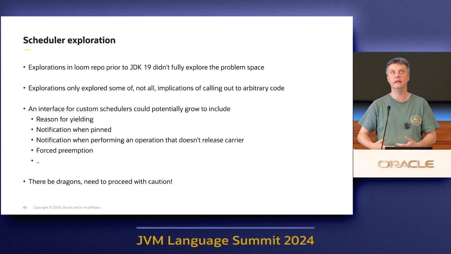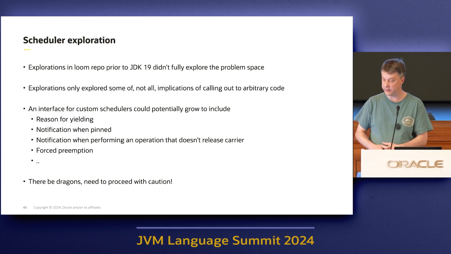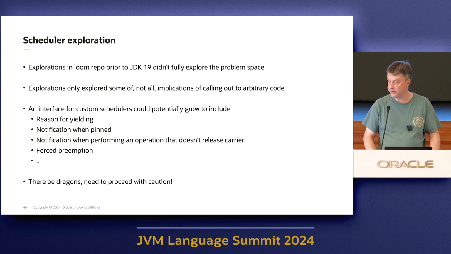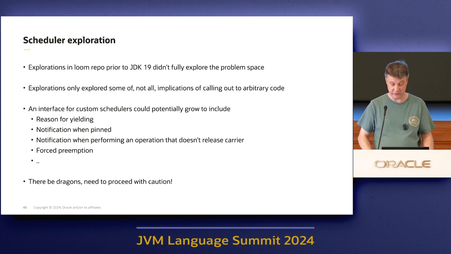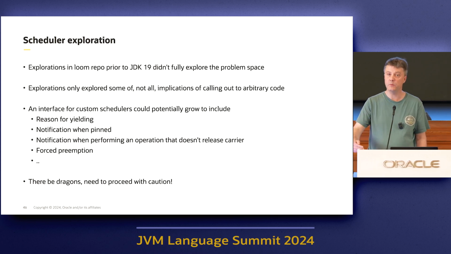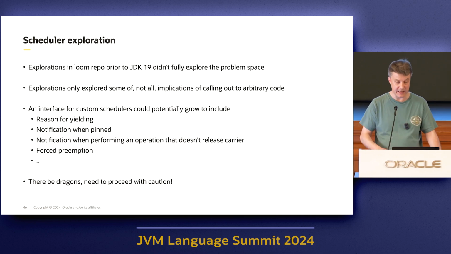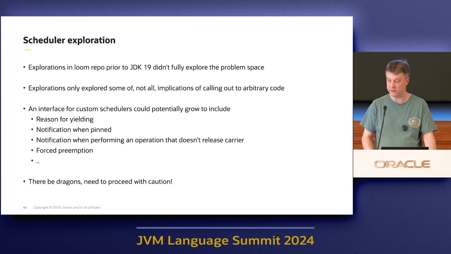It's too easy to deadlock. There are too many other issues that can come from that. So we have to be somewhat cautious around this kind of thing. The API that we had on an experimental basis was a very simple API that allowed schedulers to attach context and so on. There's a whole bunch of other things that we knew would be needed in a full API for schedulers, and we haven't done any of that yet. So a lot more thinking needs to be done before we go anywhere on this.